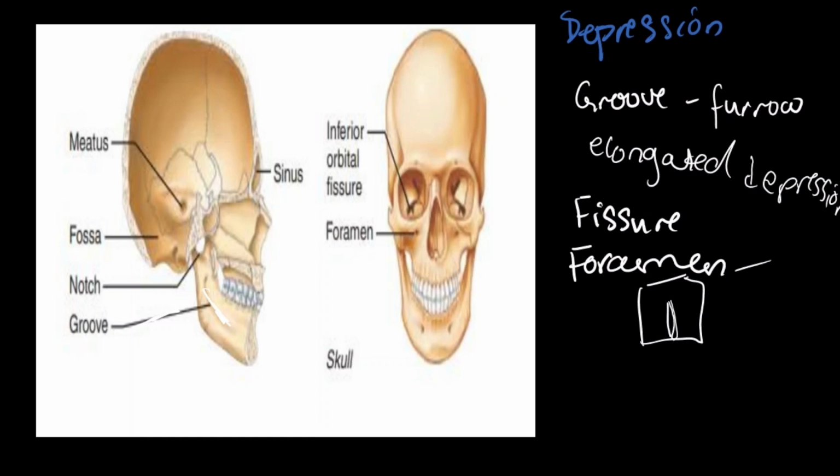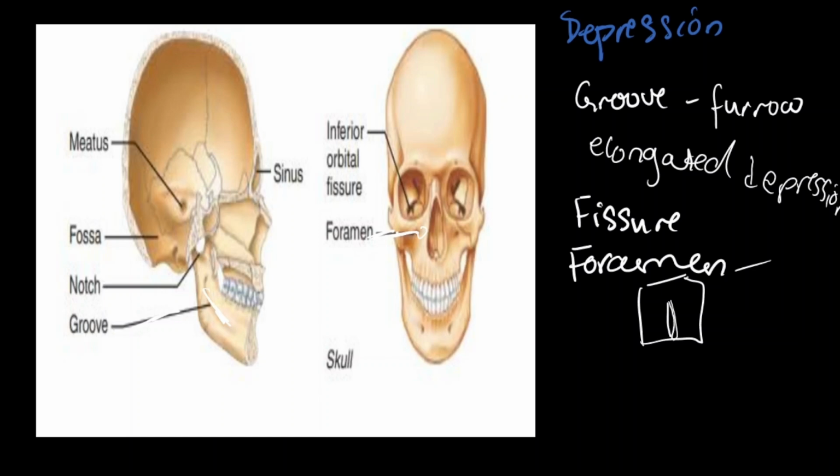The foramen is a round or oval opening through a bone. Take note of the fact that the fissure is a slit-like opening. The foramen, on the other hand, is a round oval opening. We can see here a foramen forming part of the facial bone. It's oval or rounded, as the case may be.